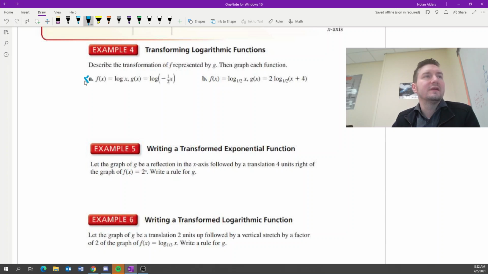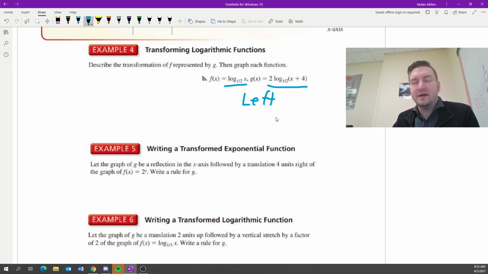This one we're going to skip because it has a horizontal shrink and stretch. Okay, so here's our original. Here's how we changed it. I like to start on the left side or on the right side. So we have a plus 4, but it's inside parentheses. So that's going to be left 4.